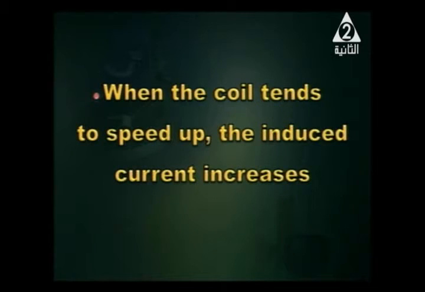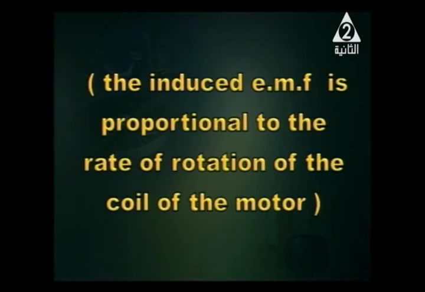When the coil tends to speed up, what happens to the induced current? The rate of cutting increases, so the induced current increases, of course. The induced current and induced EMF are proportional to the rate of rotation of the motor.